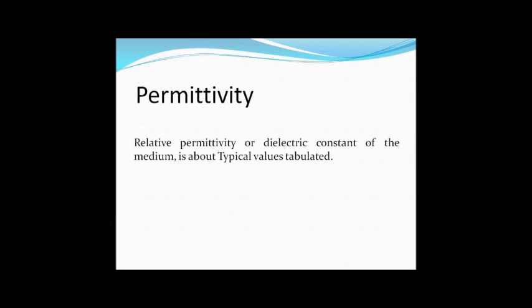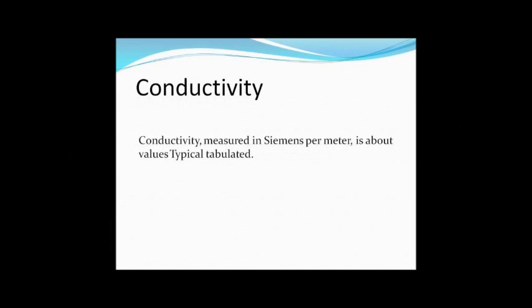Permittivity. Relative permittivity, or the electric constant of the medium, is about typical tabulated values. Conductivity. Conductivity, measured in Siemens per meter, is about typical tabulated values.